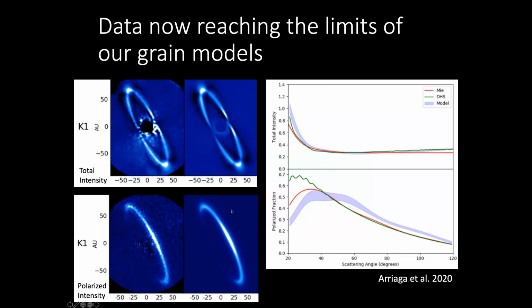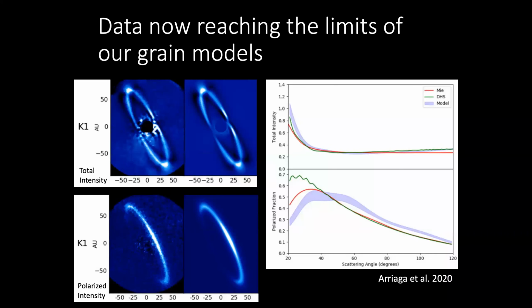And the other thing that Pauline worked on here was modeling the scattering phase function, both in polarized intensity and total intensity. And you can see that on the right-hand side here in blue. What's labeled here as model, these are the forward modeled scattering phase functions.